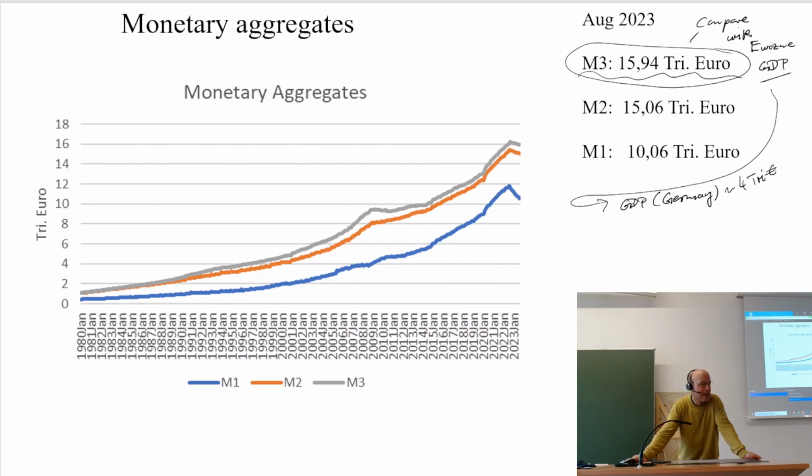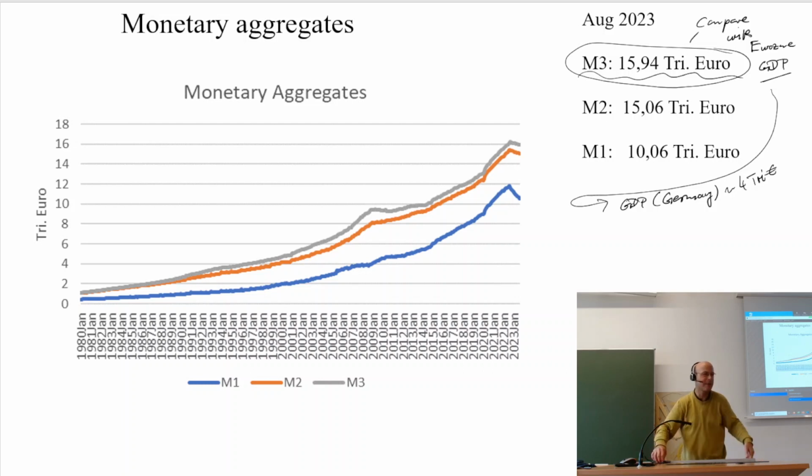Then we also said we have to keep in mind the number of people living there, because if new people are moving in, then they increase consumption, and this also increases GDP. So we have a direct correlation between the number of people and GDP. How many people are living in Germany? Roughly 80 million. How many people roughly living in the Eurozone? About 300, a little bit more.